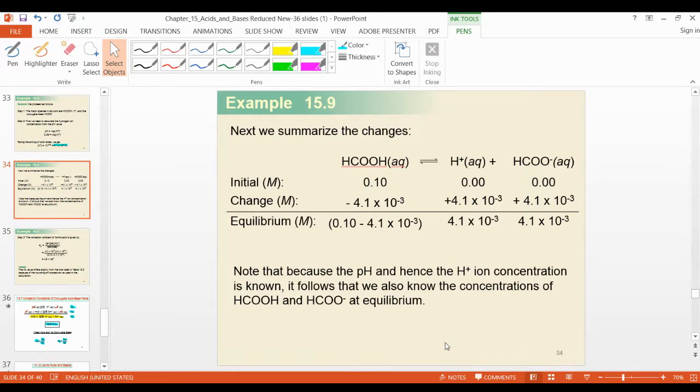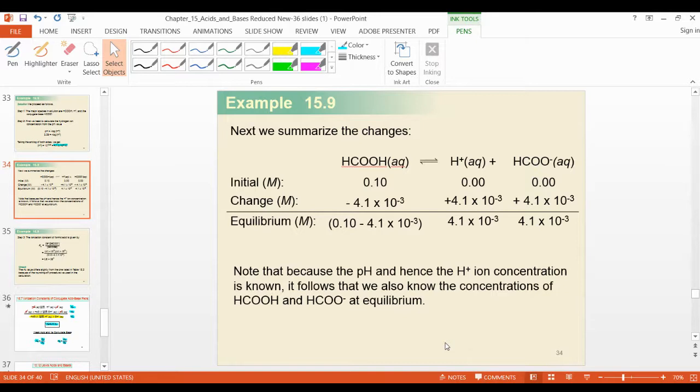That's why I have written minus and plus here. So there is no X calculation here. At equilibrium, you determine 0.1 minus this value that dissociated. This is supposed to be the X value, but you don't need to determine X here. This is already X.